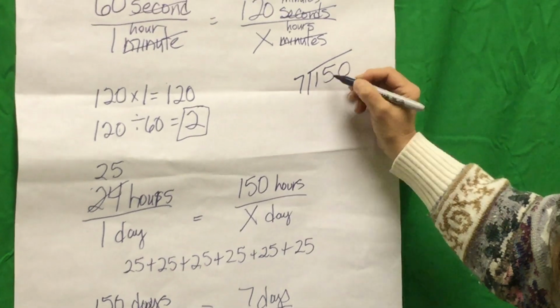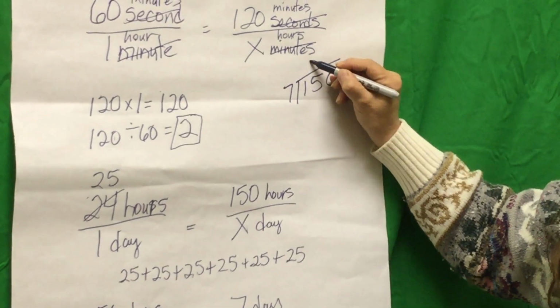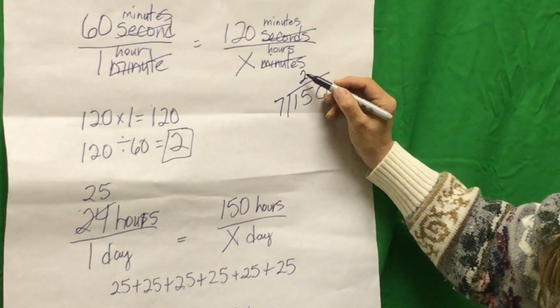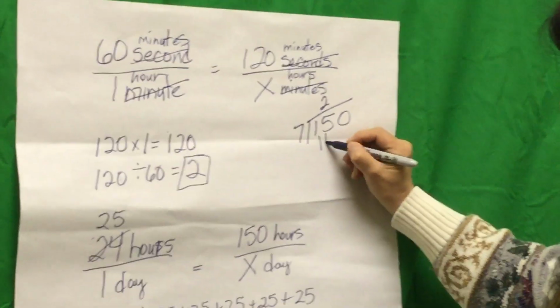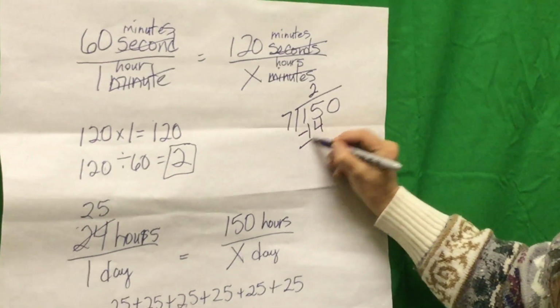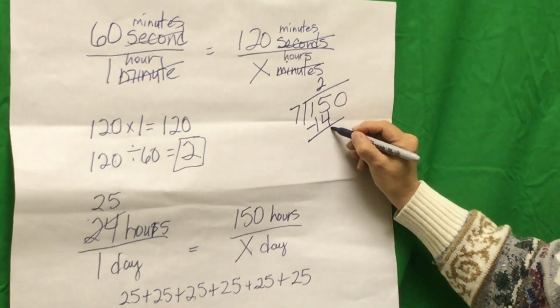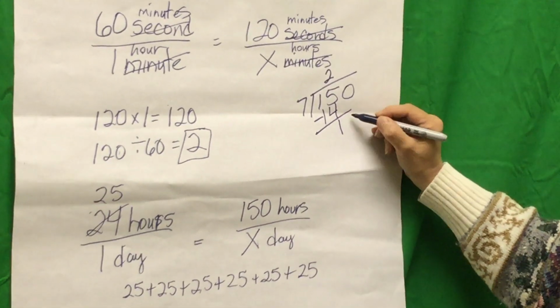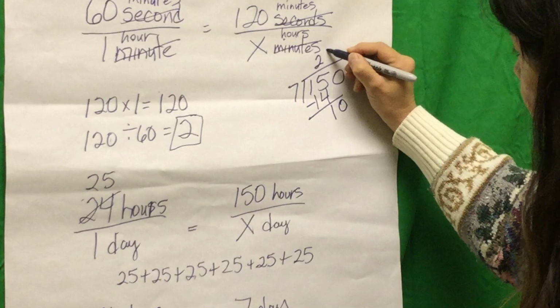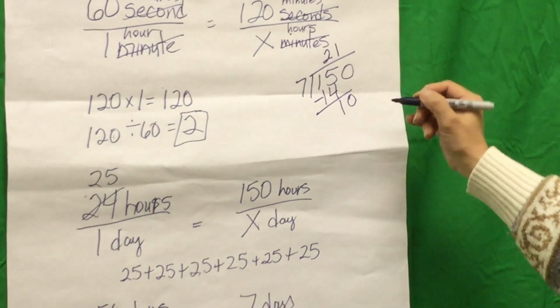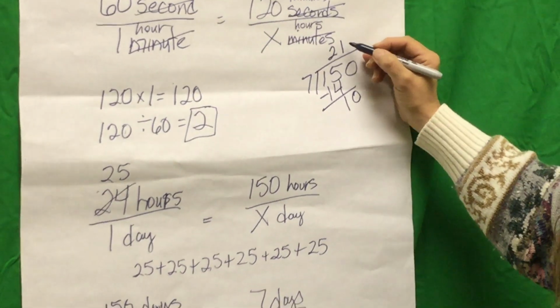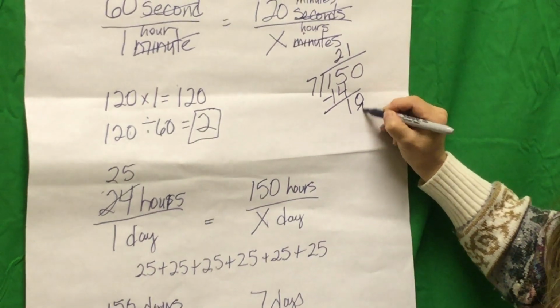So then 7 goes into 15 2 times. 2 times 7 is 14. 15 minus 14 is 1. Bring down the 0. So 7 times 1 is 7.